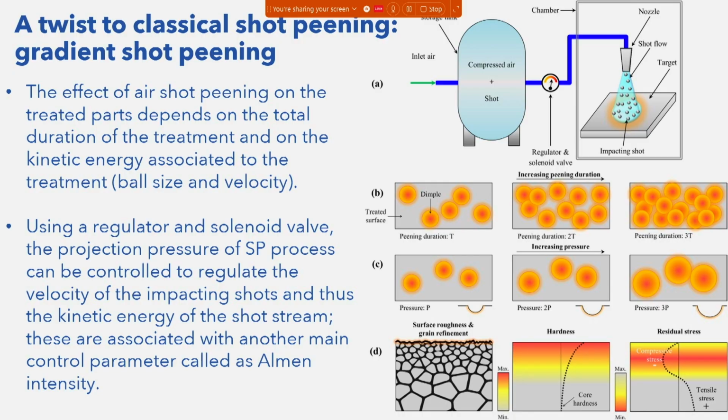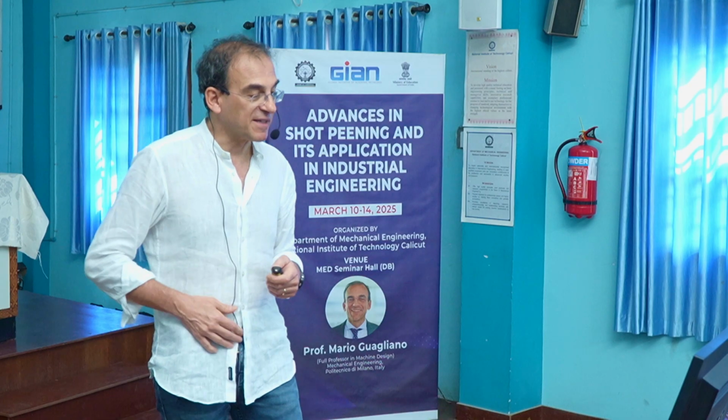That is to say, when we are using compressed air to accelerate the shot. Why? Because the usual way air shot peening is applied is to set up the pressure of the air and then maintain it constant for the entire duration of the treatment, according to the Almen intensity we want to achieve and that we have fixed by setting up the parameters.